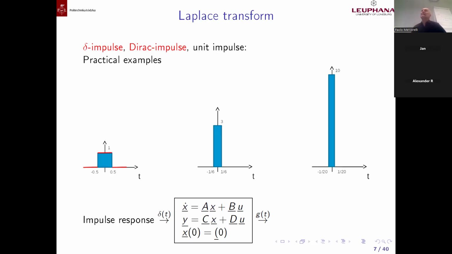We calculated it, let me say, indirectly. It's a way to do it. Do you remember? Starting from the step response. Here, the idea is I have an input which is delta, and I obtain an output which depends on the system.